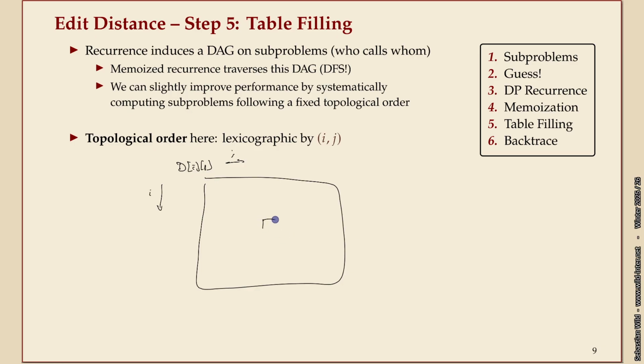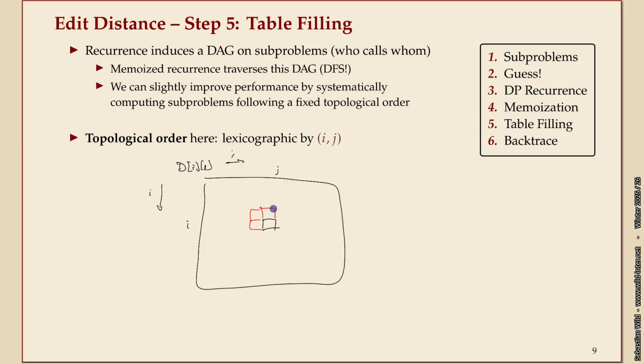Then if I'm computing a certain entry, the three subproblems that subproblem ij depends on are the three subproblems around it, namely the one with i minus 1, j minus 1, the one with i and j minus 1, and the one with i minus 1 and j.